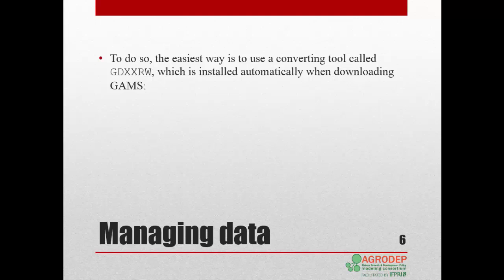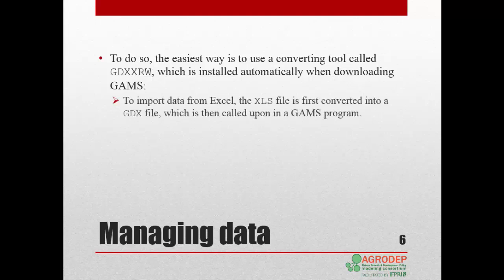The easiest way to produce GDX files from Excel files, and vice versa, is to use the GDXXRW utility. This utility is installed automatically when downloading GAMS. We proceed in 2 steps.